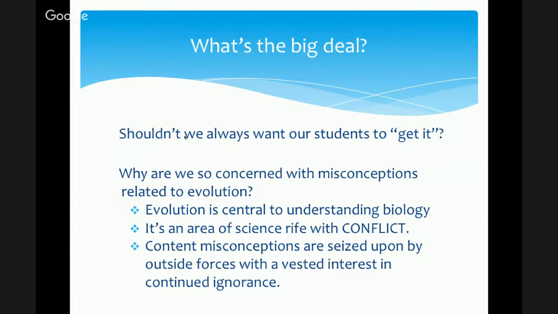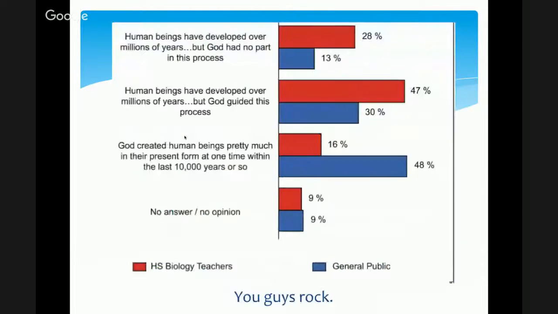But what happens is that people who have that very strict denialist attitude use content misconceptions to drive a wedge into people's understanding of evolution, to make people doubt and be confused about evolution. They try hard, and unfortunately, they're very, very good at it.